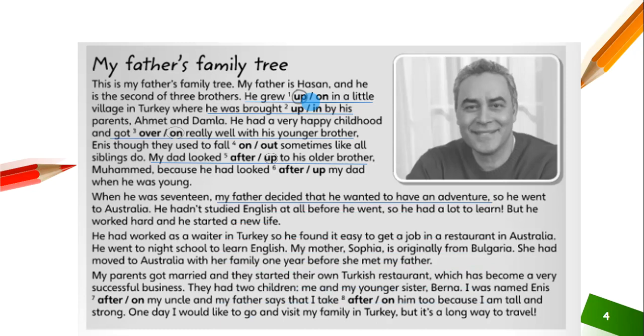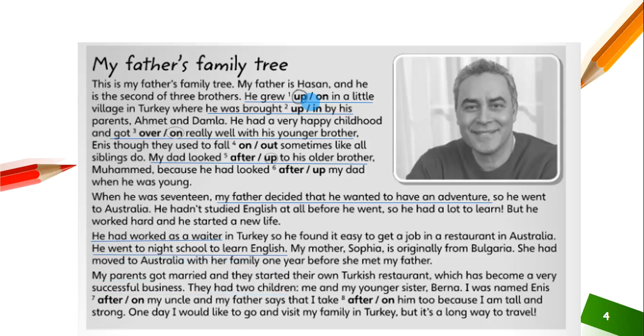My father decided that he wanted to have an adventure. So what is something important that happened to this person in his life, something interesting in his life, that he decided to have an adventure? He had worked as a waiter. What was his job? What did he work as? And what was his education? What did he learn?